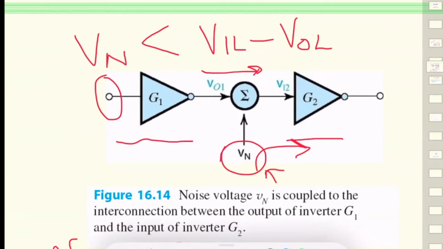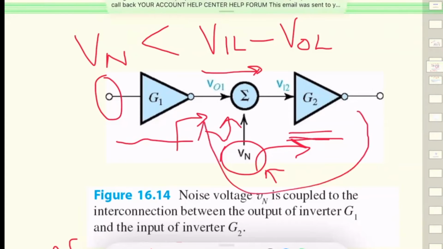So we can also think of it that the inverter is restoring the signal back to the standard values of output low and output high. Whatever was coming here, even if noise came in, this is going to restore it back to whatever was the output on this side, right?